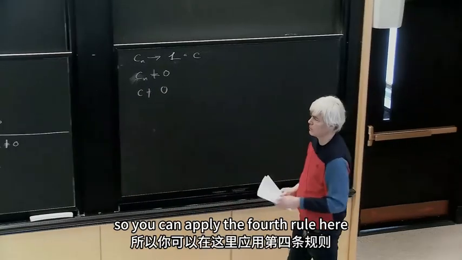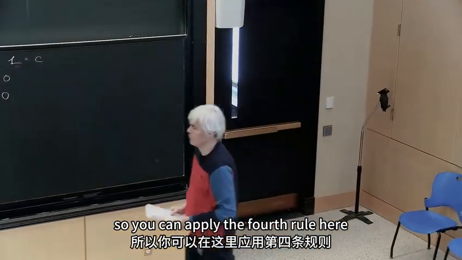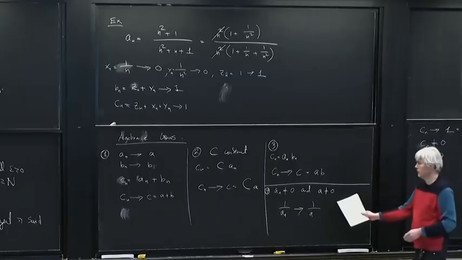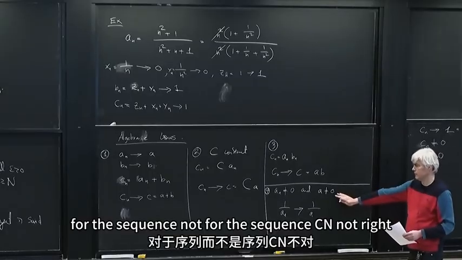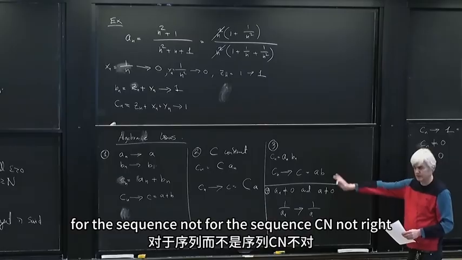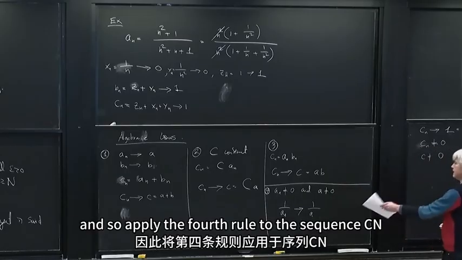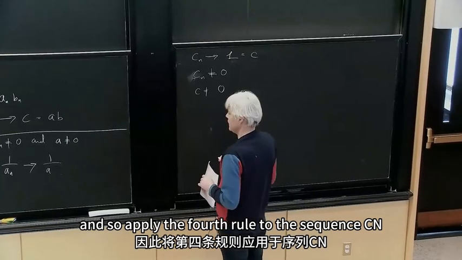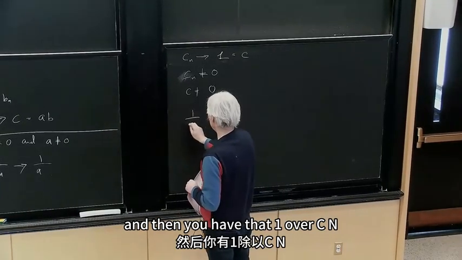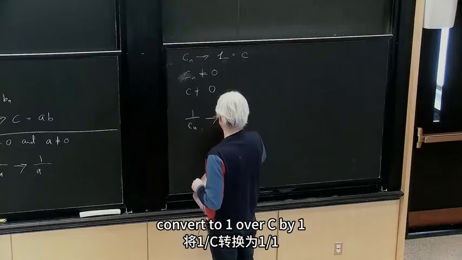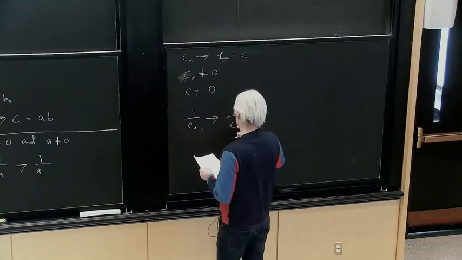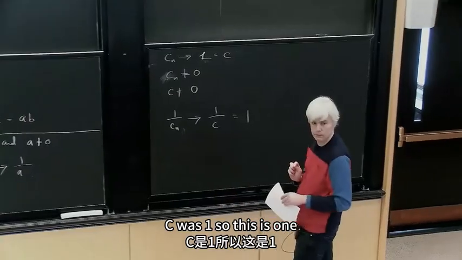So you can apply the fourth rule to the sequence Cn, and then you have that 1 over Cn converges to 1 over C, but C was 1, so this is 1.